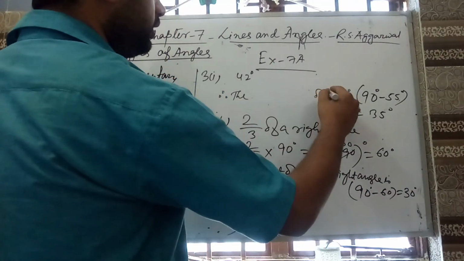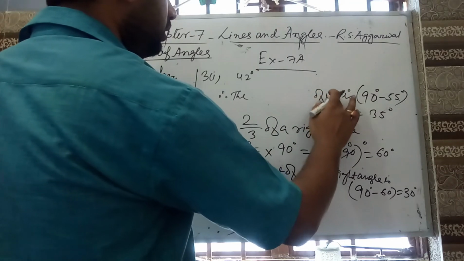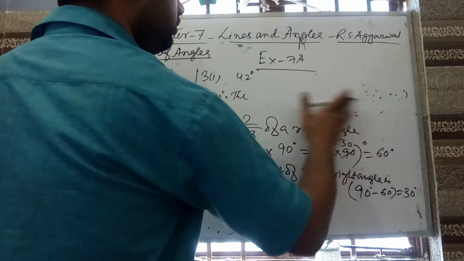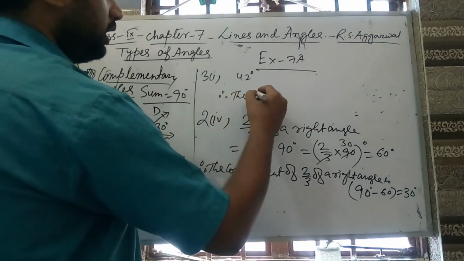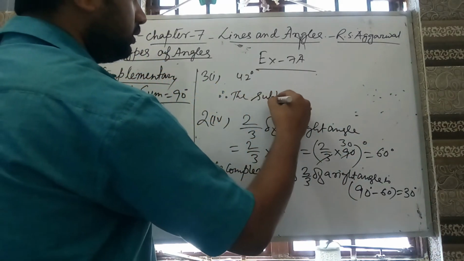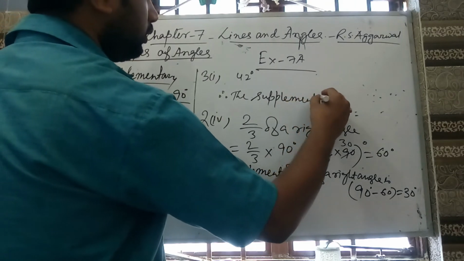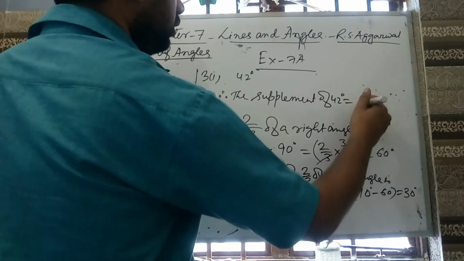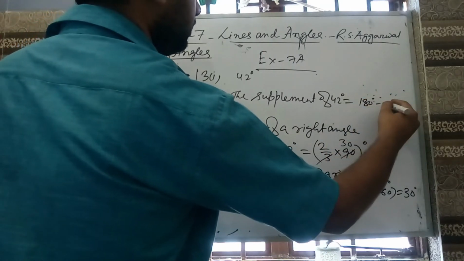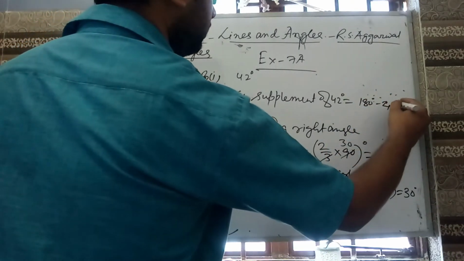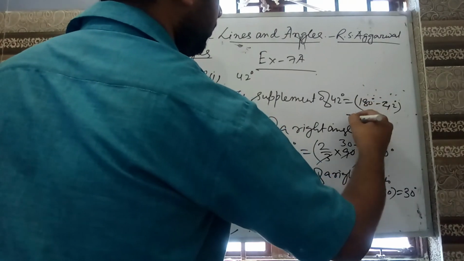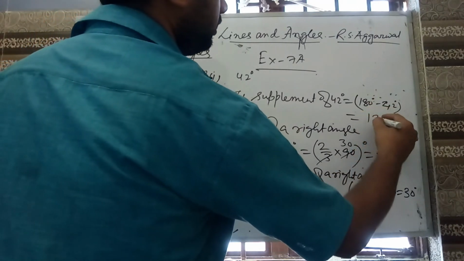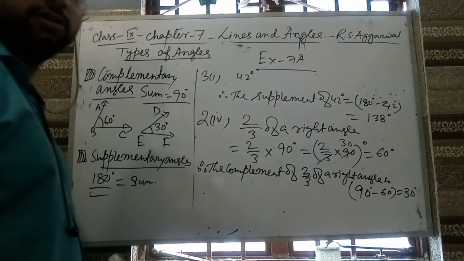So one is 42 degree, so another will be 180 minus 42 degree. Therefore the supplement of 42 degree is 180 degree minus 42 degree. What will be the value? 138 degree.